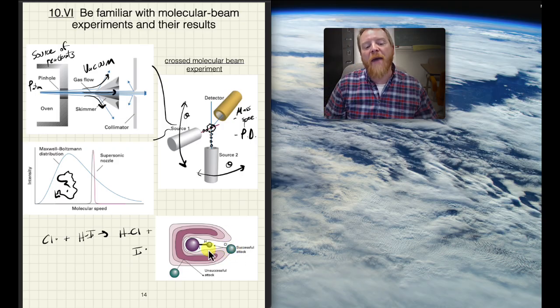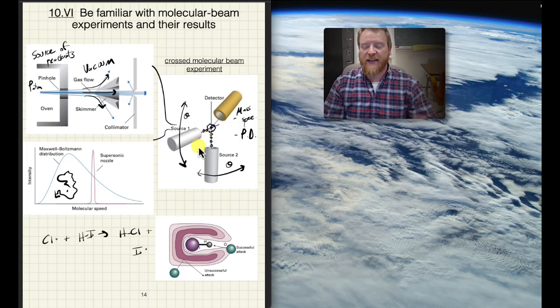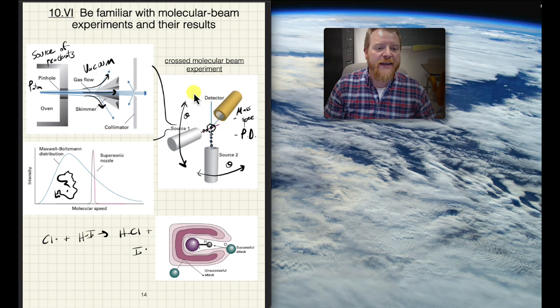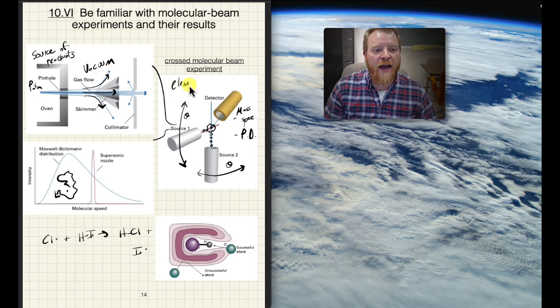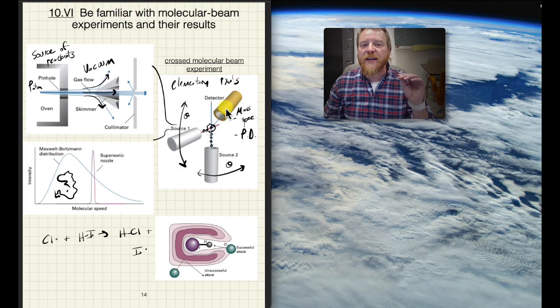This kind of map can be created with this device by pitching these things in and out. As we might guess, we can really only study elementary reactions with this thing, so individual steps within a mechanism.